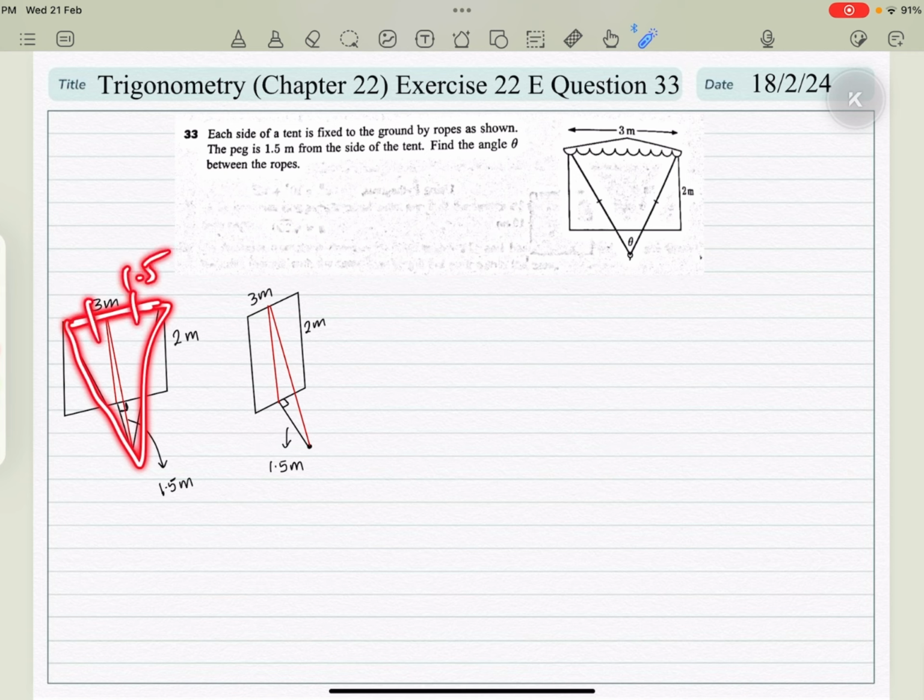So this is 1.5 and this is 1.5. When we know this side, we can calculate this angle and then this angle individually. But we don't need to calculate these angles individually, because we know that this angle is equal to this angle, because this is the altitude of the triangle and this is the isosceles triangle as stated here. And so this would divide this angle, let's name this angle C, into two equal parts. So if this is x, then this is also x, and 2x is equal to theta.